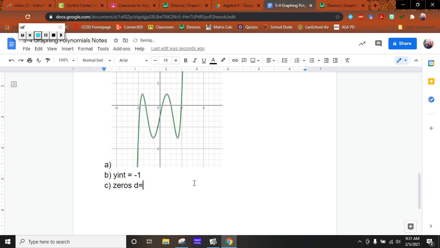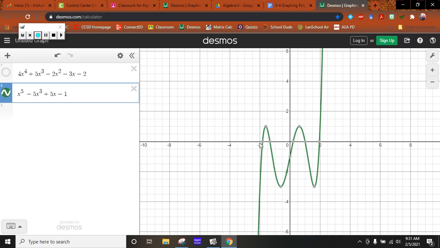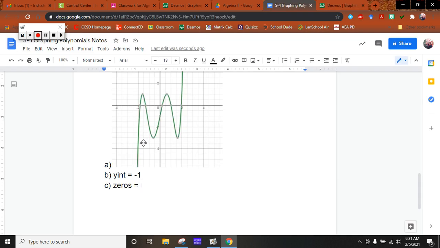So now we're at zeros, which there are several. So this time I'm not going to list them as pairs, I'm just going to list them as x values. So I got -1.8, and you don't have to necessarily list all the digits either. So -1.8, -1.3, I'm going to type those.